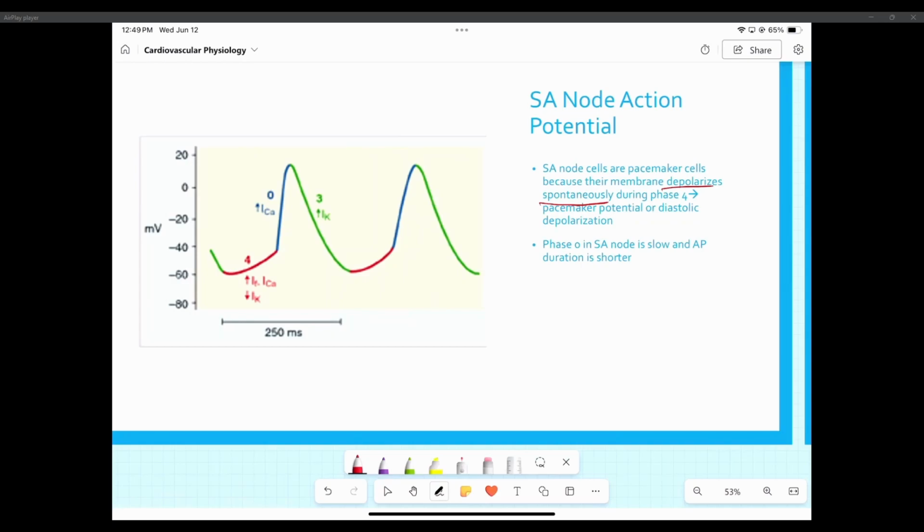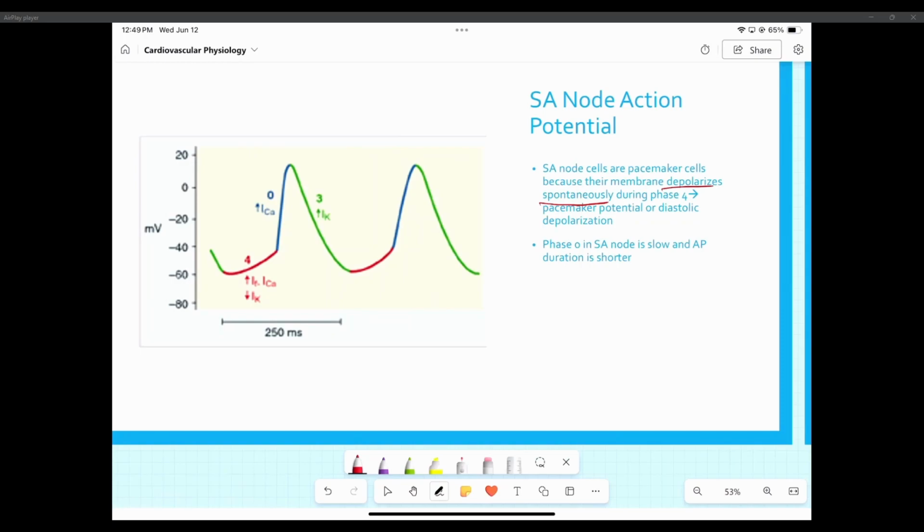That's why it's our pacemaker cells. They randomly and spontaneously depolarize because they have very weird, funky sodium channels. They don't go into great detail about it. Just know they have funny sodium channels that allow it to keep depolarizing spontaneously.